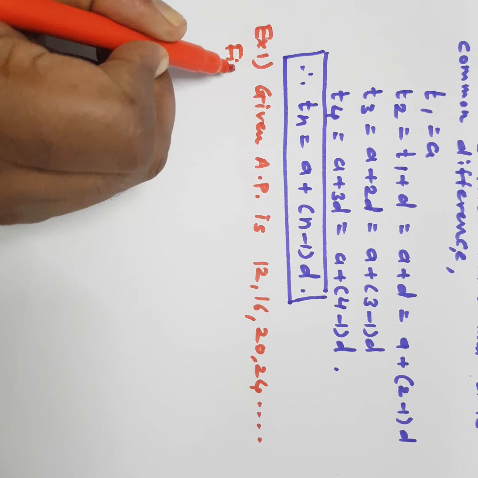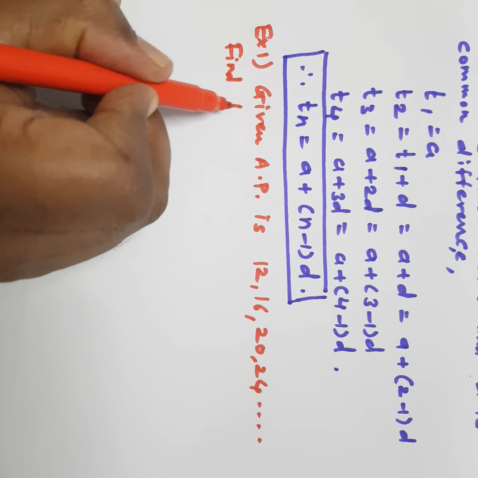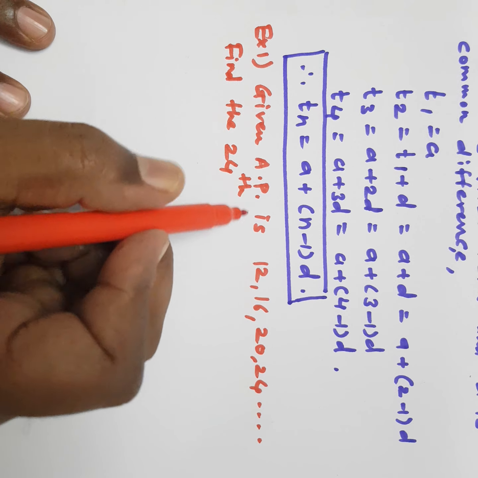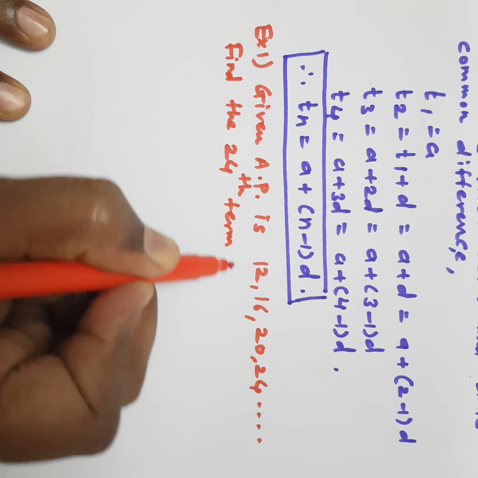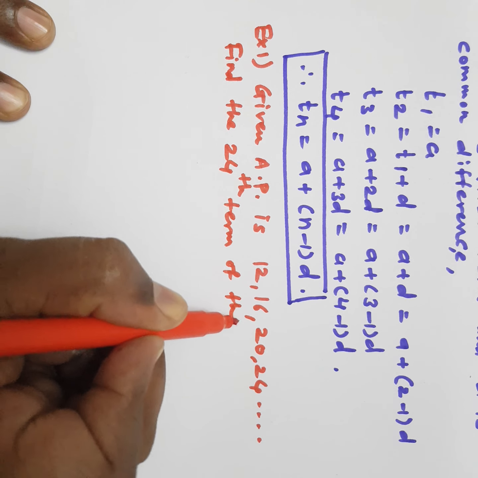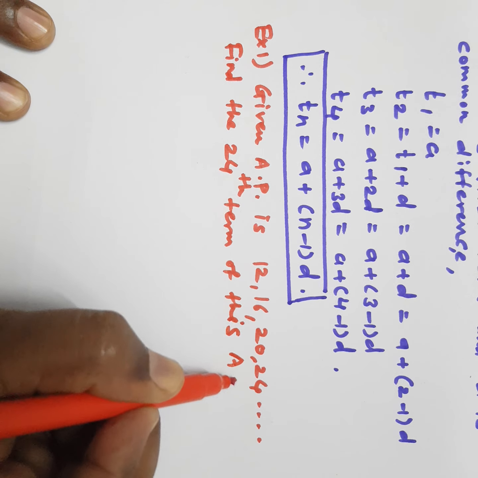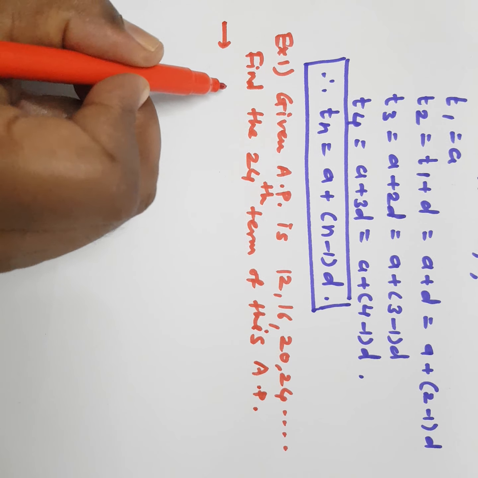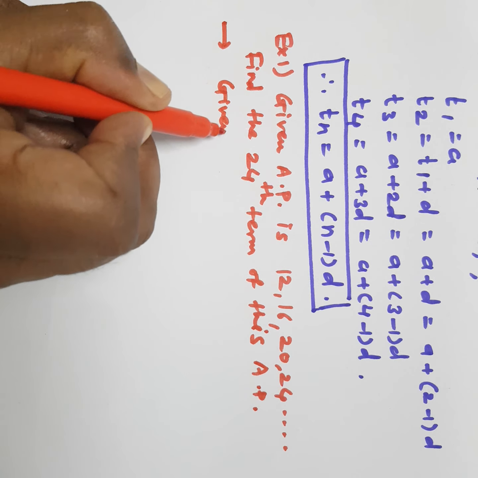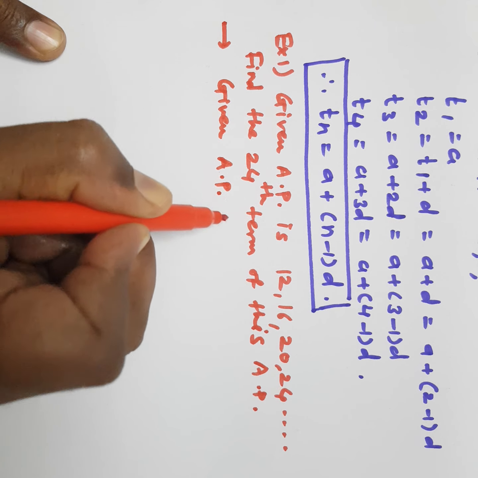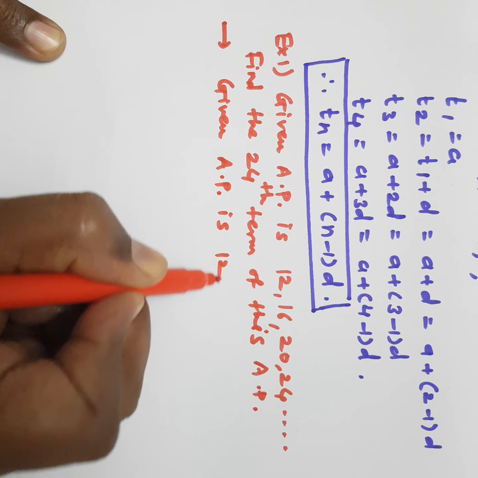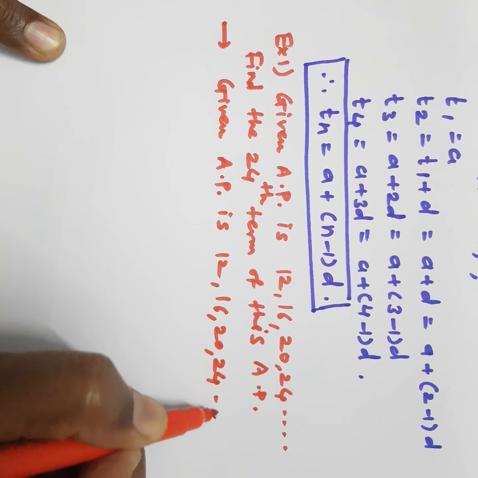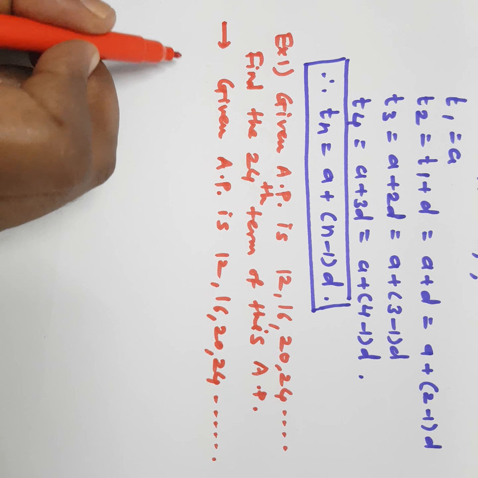Find the 24th term of this arithmetic progression. Here the given arithmetic progression is 12, 16, 20, 24, etc.